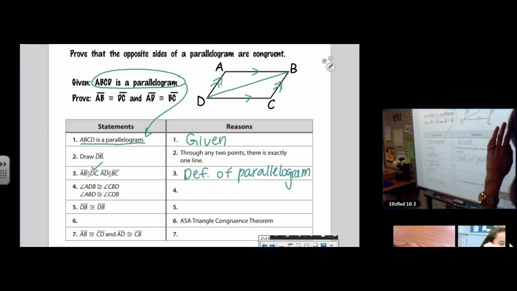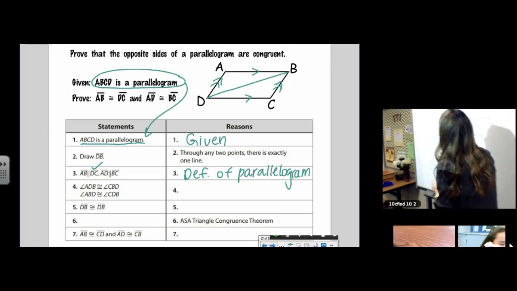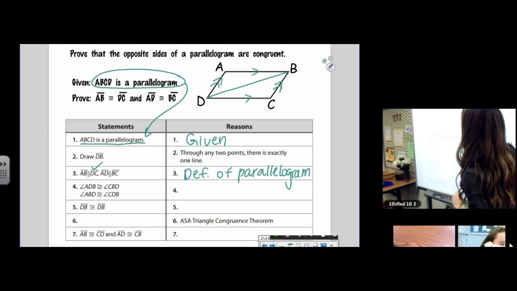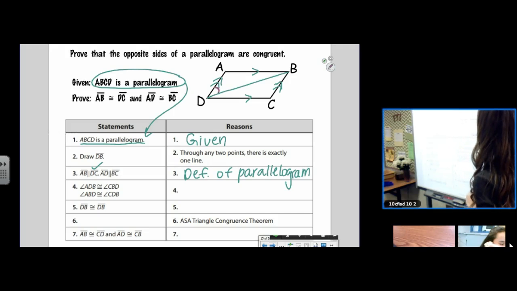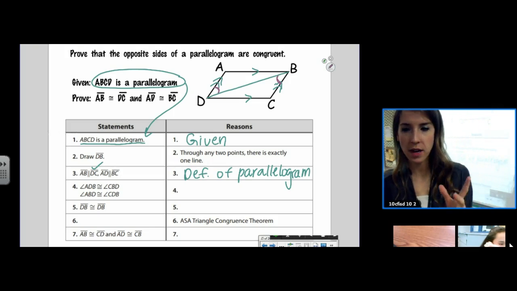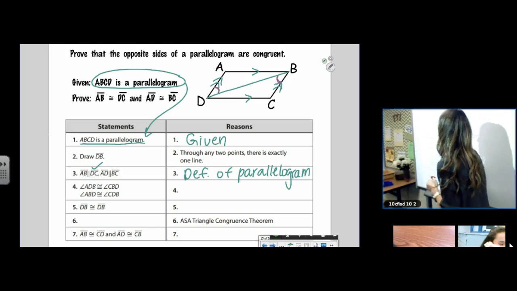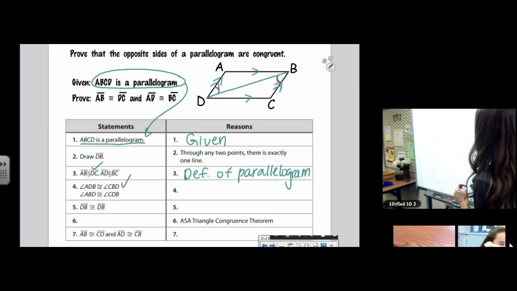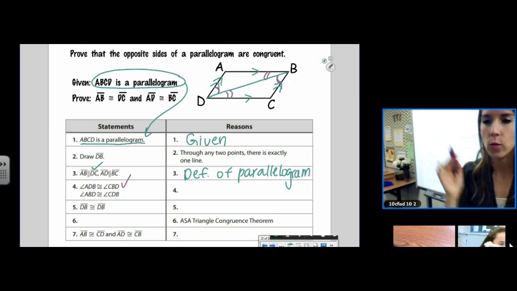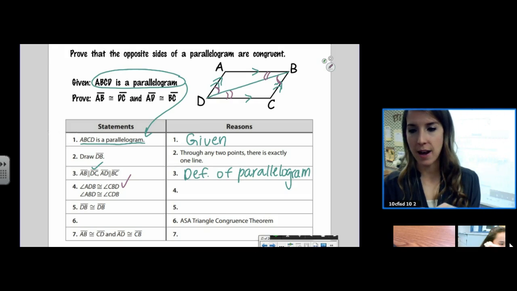All right, next one. ADB is congruent to CBD. Do you see how I'm marking my picture as I go? That's pretty important. All right, and this angle is congruent to this angle. Alrighty, we made a statement, now we have to back it up.